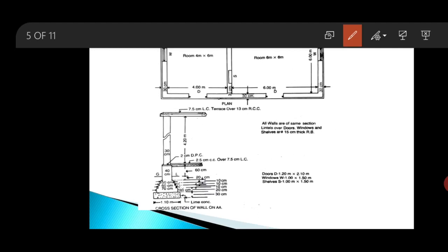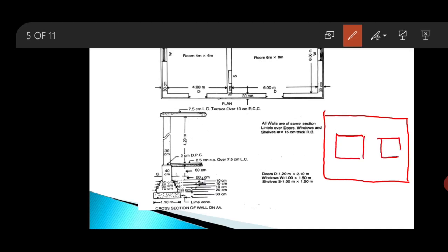Now, in order to find out the length, we will have to draw the plan of the building at the level of cement concrete work. So, we have drawn the plan of the building at the level of foundation work, cement concrete work.